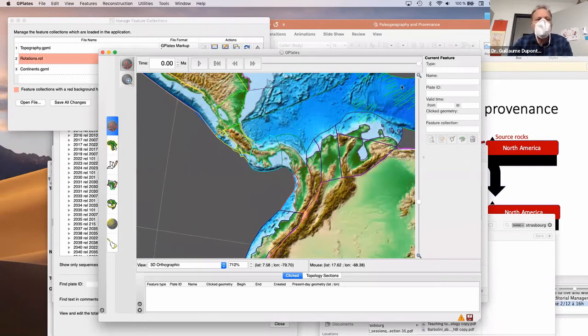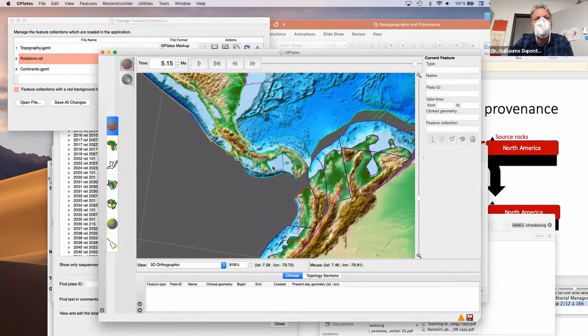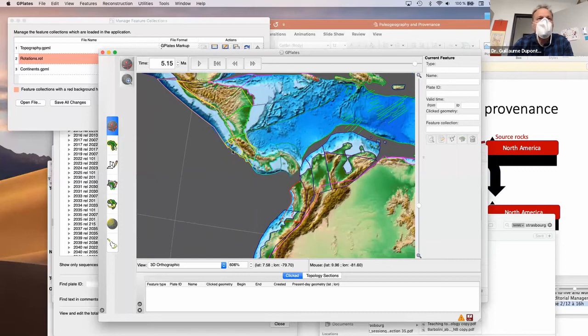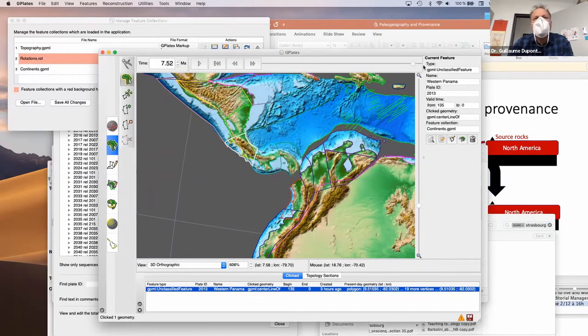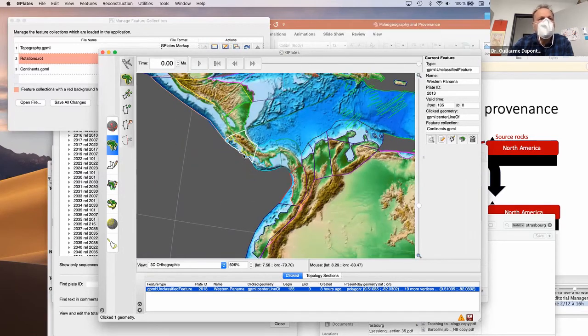And then the next part, where things get a bit more difficult, is when we started to rotate the blocks. So what we discussed is to make a reference to this one, 2013, I think, this block here, because it's not rotating so much during the entire period, and it makes a good reference.